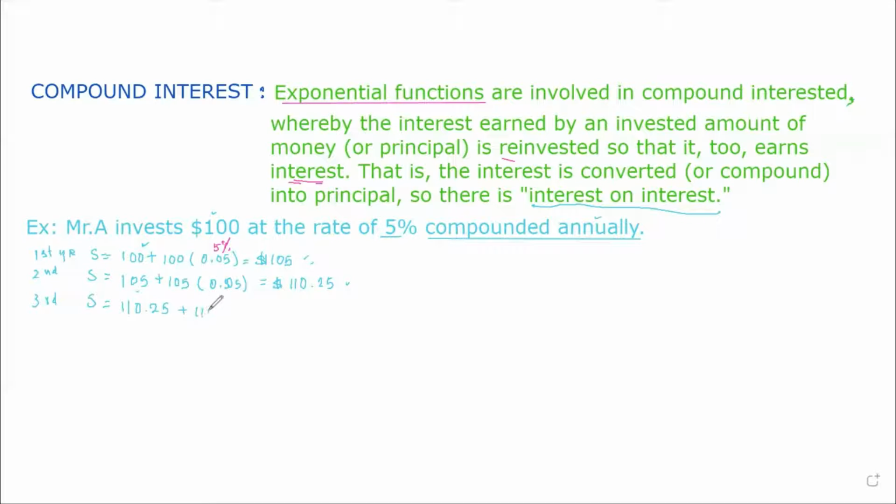So 110.25 times 5%, which is 0.05. When you calculate it, you get approximately 115.76 dollars. So for the third year, the total, principal plus interest, becomes 115.76 from the original 100 you invested.